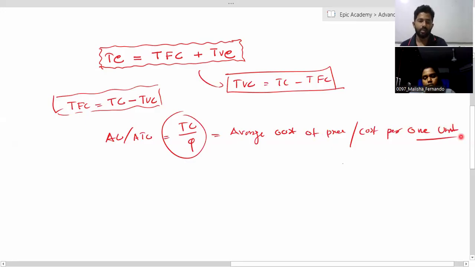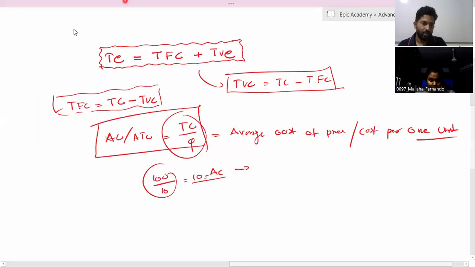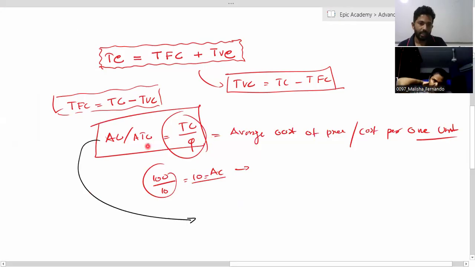As an example, if the total cost is 100 and you are producing only 10 commodities, 10 is the AC. You are spending 10 rupees to produce one unit. That's the meaning of average cost. So AC equals TC divided by Q.